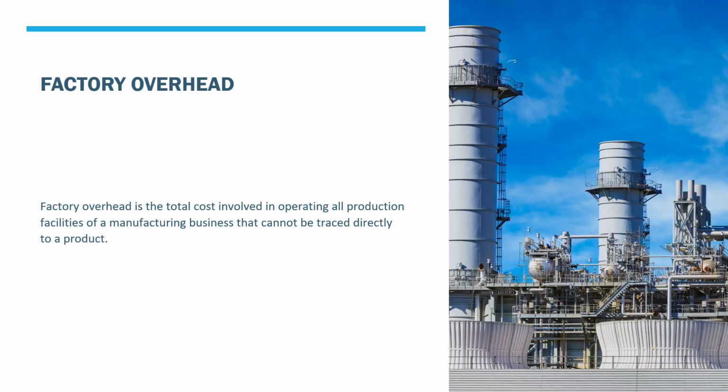Okay, let's examine factory overheads. Factory overhead, also called manufacturing overhead or work overhead or factory burden in American English, is the total cost involved in operating all production facilities of a manufacturing business that cannot be traced directly to a product.